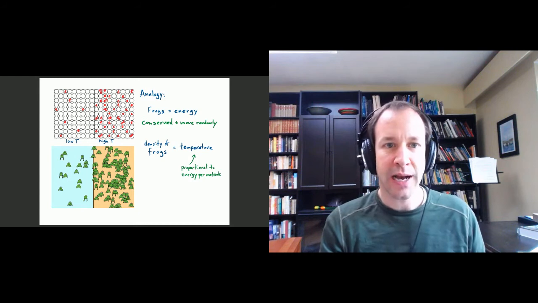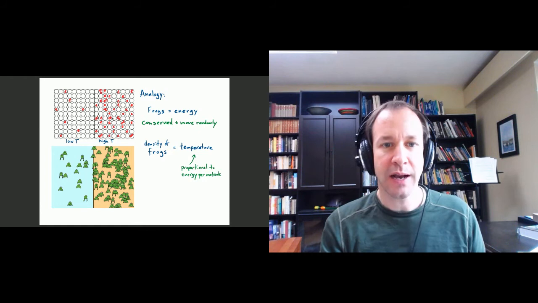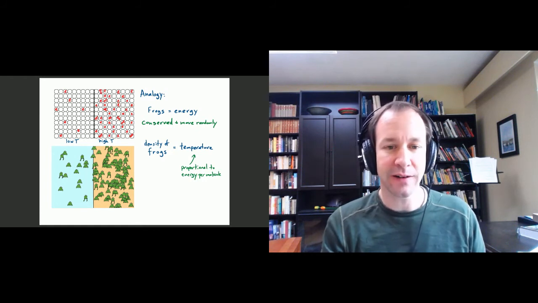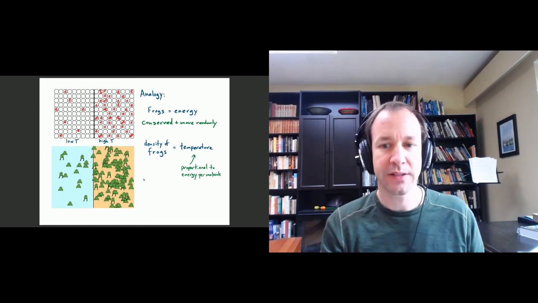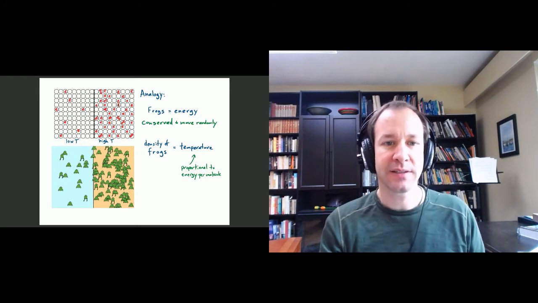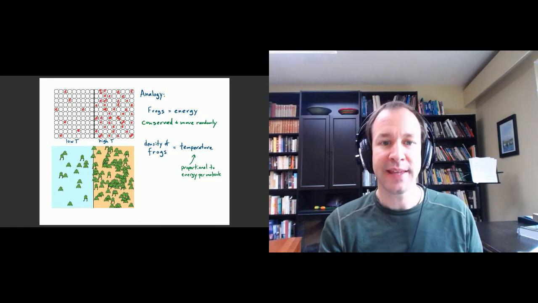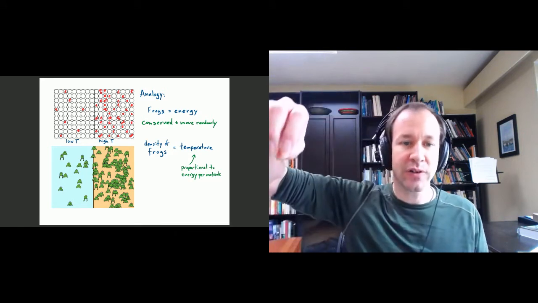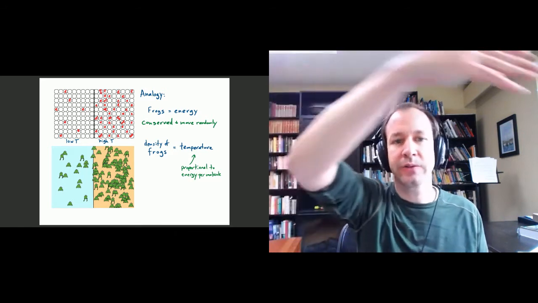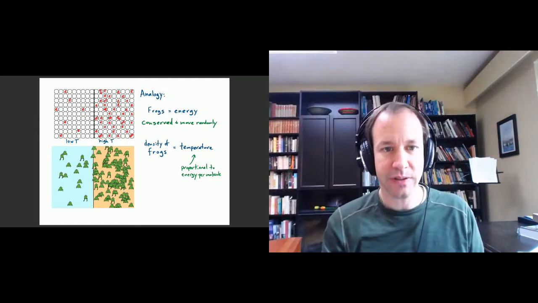And so the number of units of energy per molecule would, in the frog analogy, correspond to the density of frogs. Okay, and so basically the same explanation then applies: if we start out with a higher density of energy on this side, which means a higher temperature, then we're going to have heat that flows from the higher temperature side to the lower temperature side.